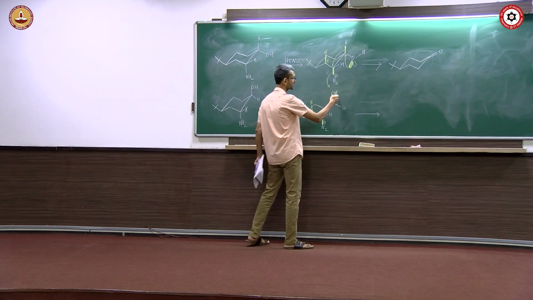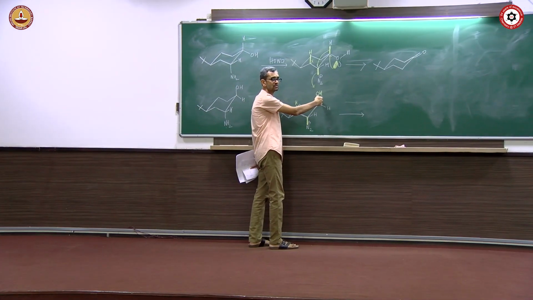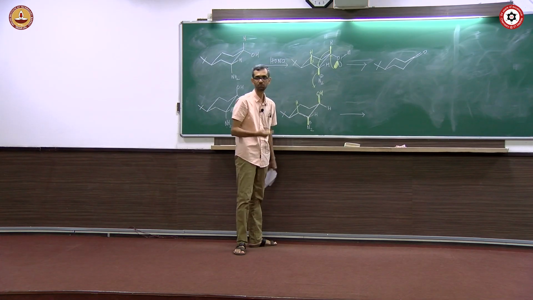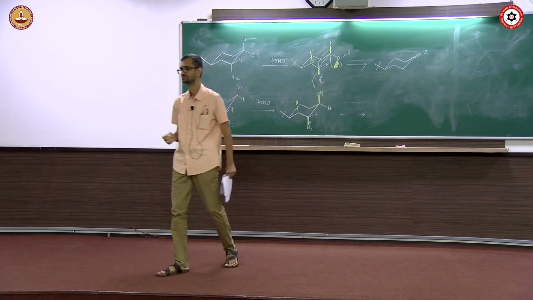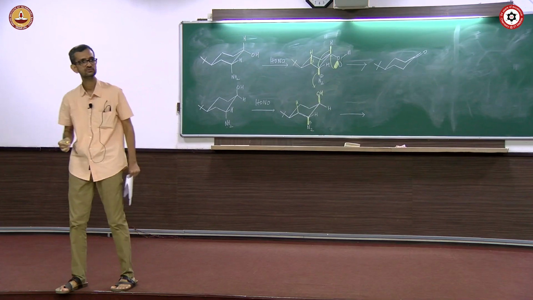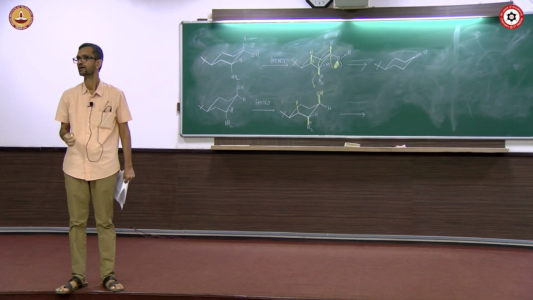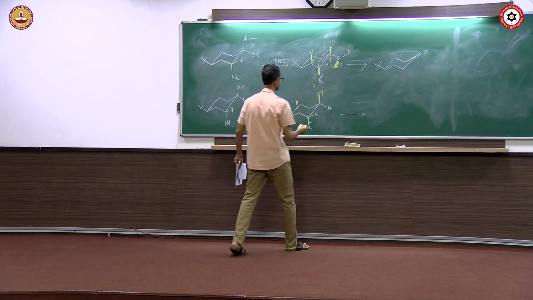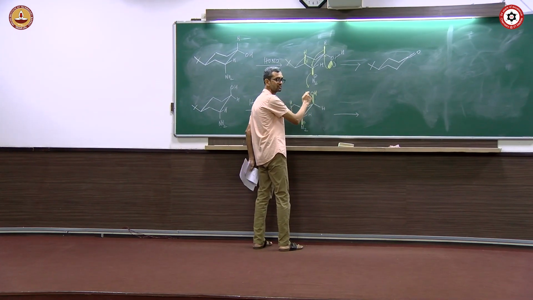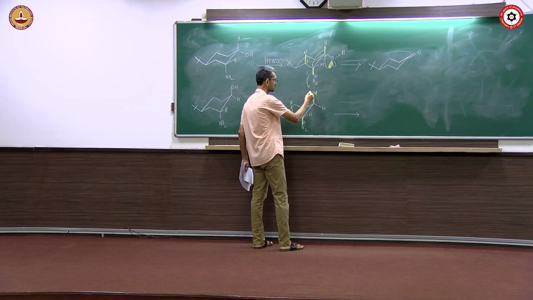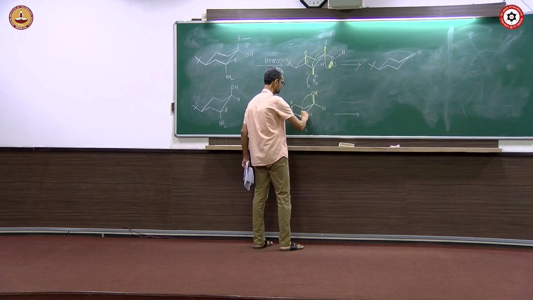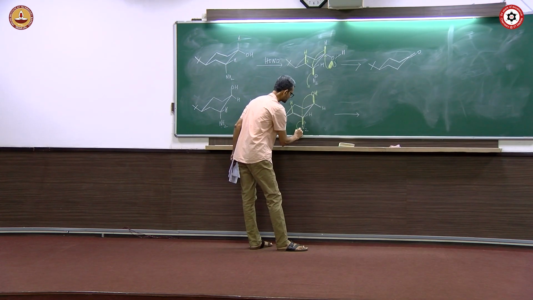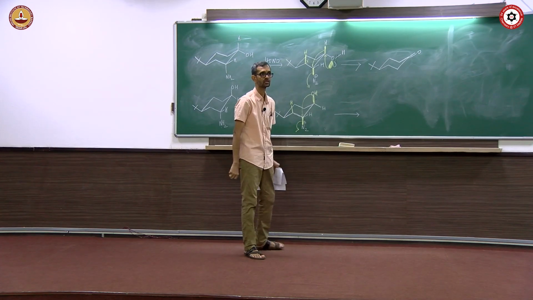Now, if you take this hydroxy, what would it do? It is antiperiplanar to the leaving group like we saw before. So what does it do? It should form an epoxide. So that's what is actually happening. The lone pairs of this would assist in displacing the N2, right?